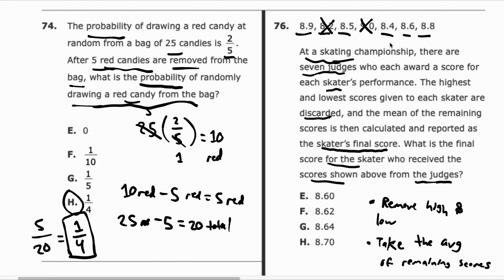So this is just a case of simple arithmetic. I assume that you know how to do that. So I think eyeballing it, it would be I think 8.70, but you can check that. Just take the mean of these 5 numbers, and you'll get your answer.